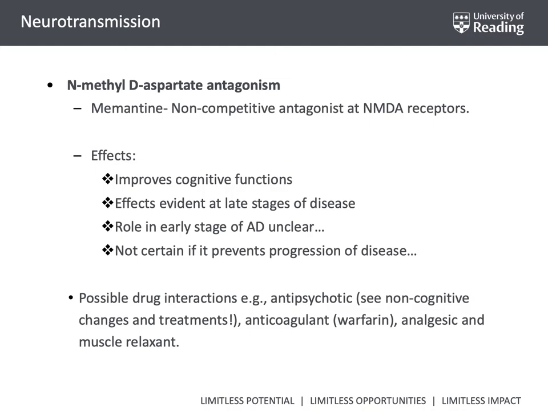So speaking on it, it might be that it's just on an individual basis. And again, it certainly doesn't prevent the progression of the disease itself. But then also to think about modulating glutamate transmission may have also knock-on effects in terms of antipsychotics, anticoagulants, and indeed muscle relaxants itself.